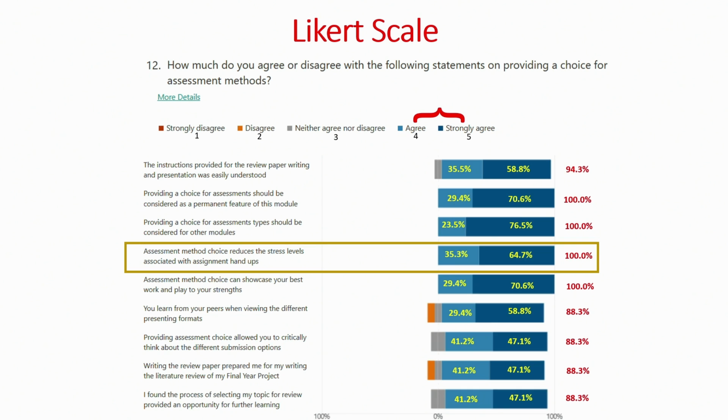And a very interesting one there, a few students actually presented the traditional in-class presentation, even though they explicitly stated that it reduced their stress level. So that's an interesting piece of feedback there: if I didn't give them a choice in an assessment method, would they have felt stressed, even though I would probably have asked them to do an in-class presentation.